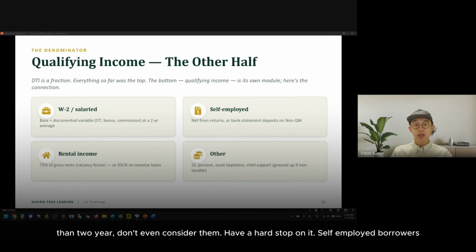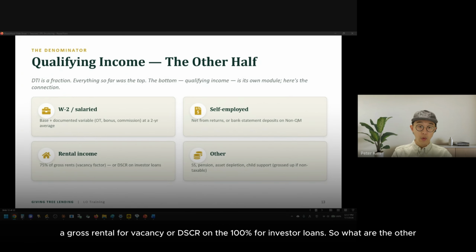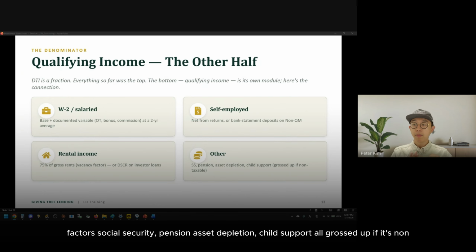Self-employed borrowers use net income from returns, or bank statement deposits on non-QM. Rental income is 75% of gross rent for vacancy, or DSCR at 100% for investor loans. So what are the other ones? Social Security, pension, asset depletion, child support, all grossed up if non-taxable.